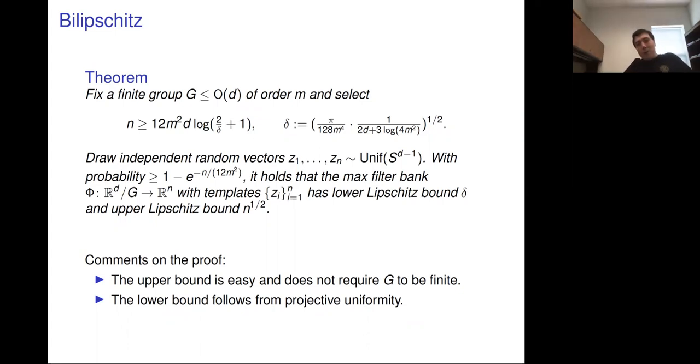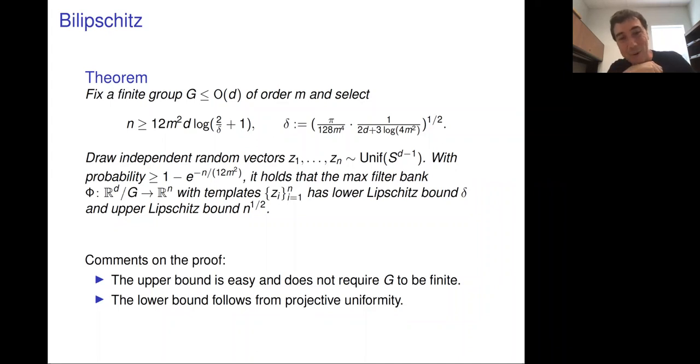There are some things that are not completely optimal here, if you stare at this for long enough. The lower Lipschitz bound is this delta. And if you look at this delta in this display, delta does not actually depend on n.